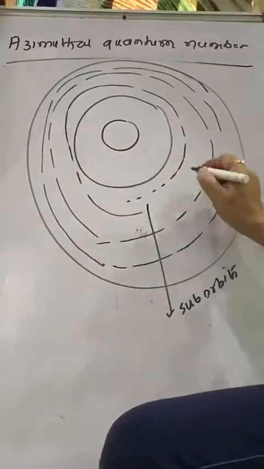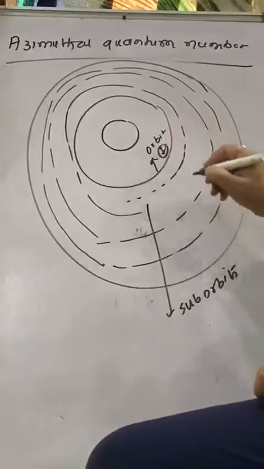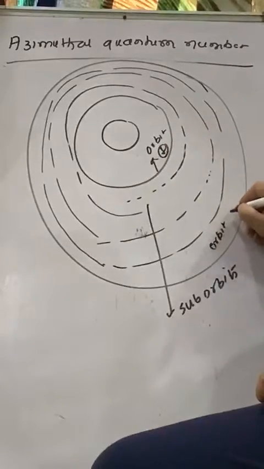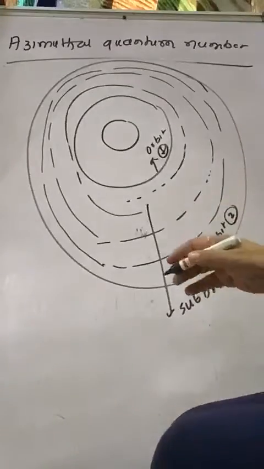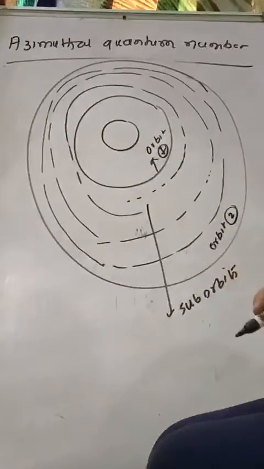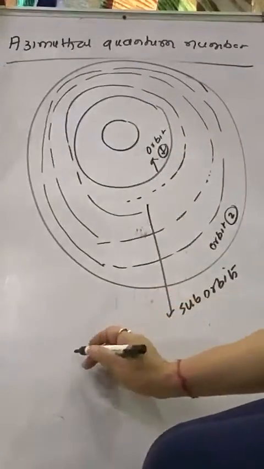This is called orbit number 1, and this is orbit number 2. The dotted lines are basically represented in the form of what? Suborbits over here. So suborbits represent the azimuthal quantum number.